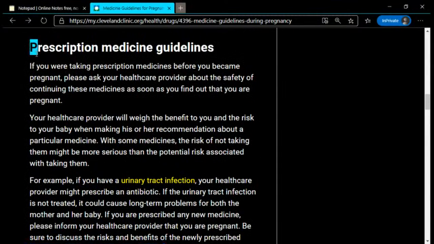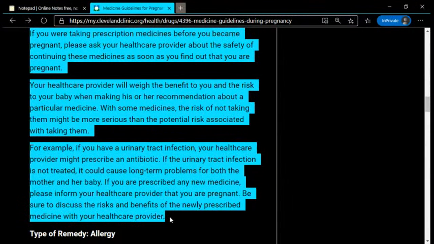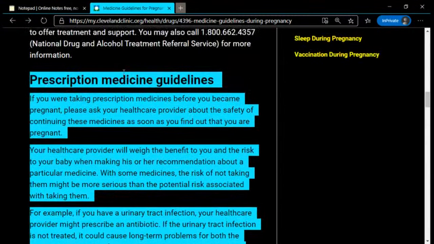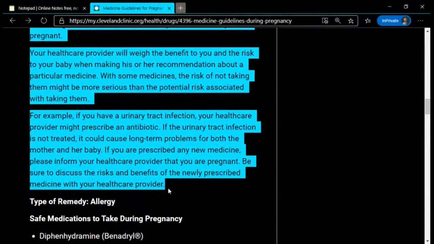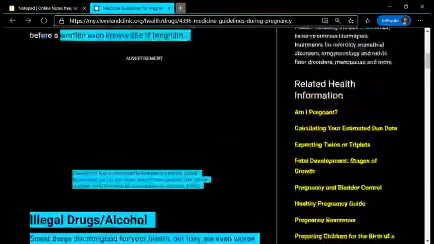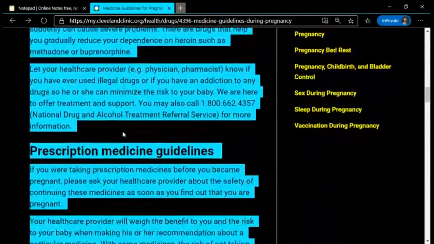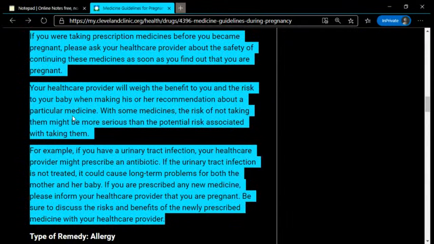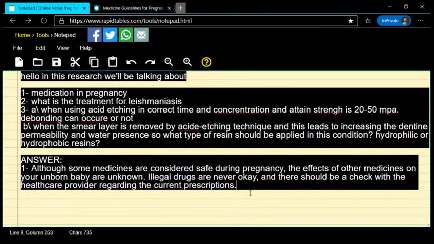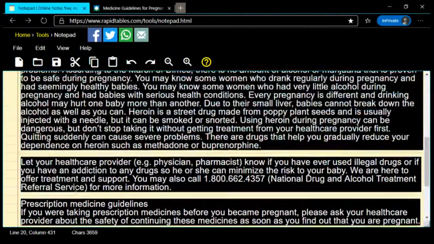So this is a very important paragraph about prescription medicine guidelines. And before that we had also illegal drugs like alcohol, also an important addition to the subject. So we shall of course add it here.